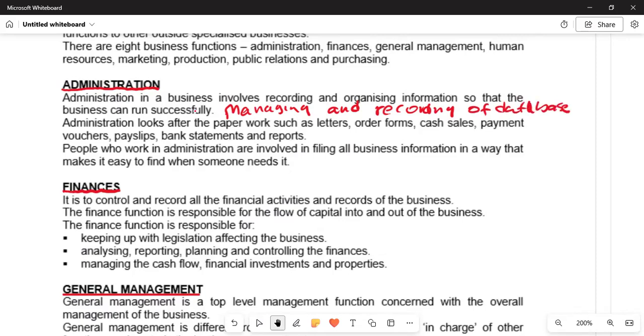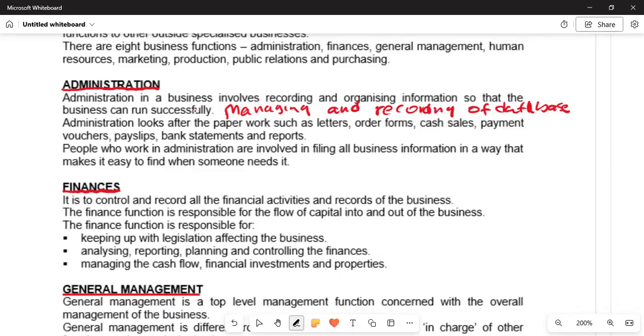How are we going to manage and record the database? This is where we keep data in storage, and make sure that you maintain employee records, such as performance reviews and training documents, in a secure and easily accessible filing system. That's how we manage the recording of a database.